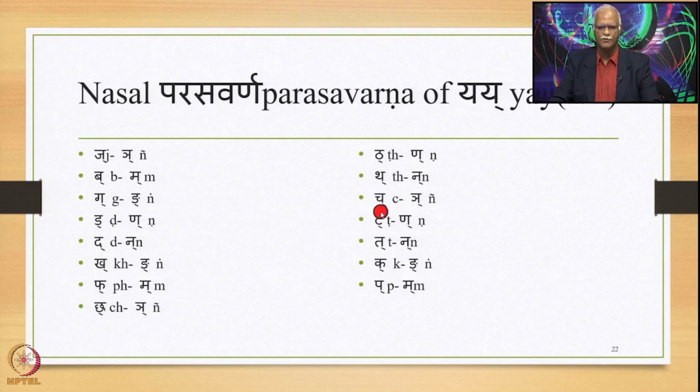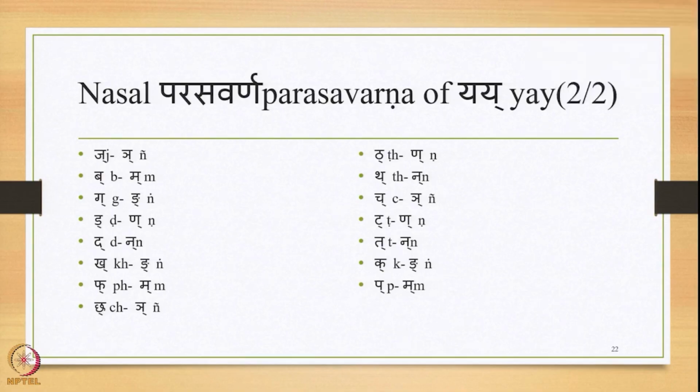So the nasal parasavarna of cha is ya, of ta is na, of ta is na, of ka is nga, and of pa it is ma. This is yai, and these are the parasavarnas which are nasal parasavarnas of yai. So these will be the substitutions. So when anuswara is followed by these yais, the anuswara will get substituted by these nasal parasavarnas.